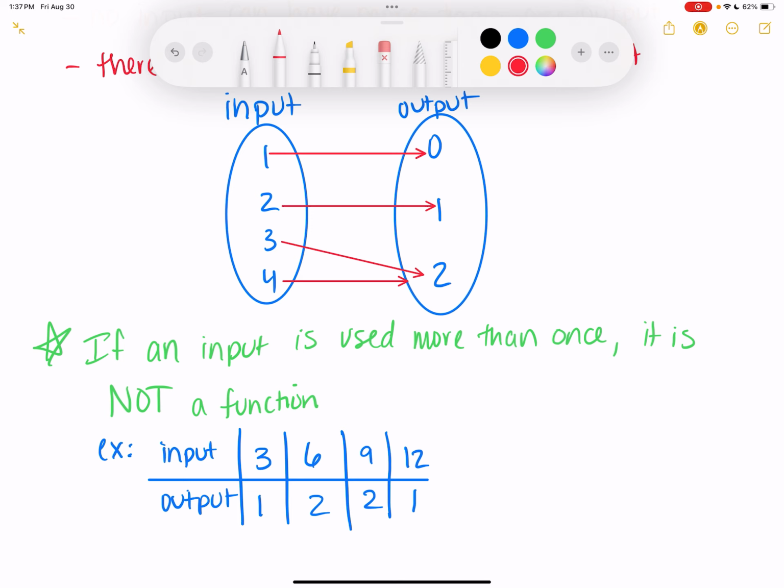Is any input used more than once? No. So then it is a function. And this is how I abbreviate function, FNCT. If you want to write out the whole word, that's fine, but that's how I will abbreviate it.